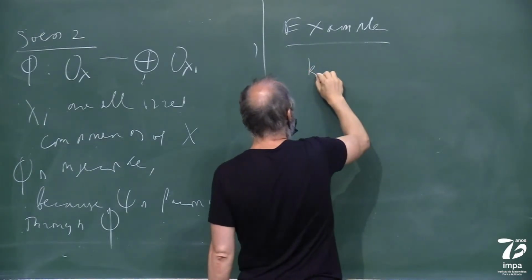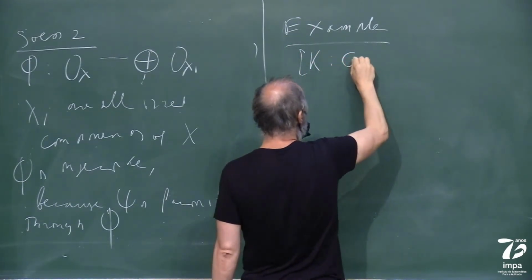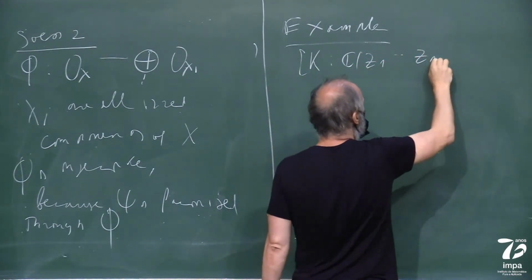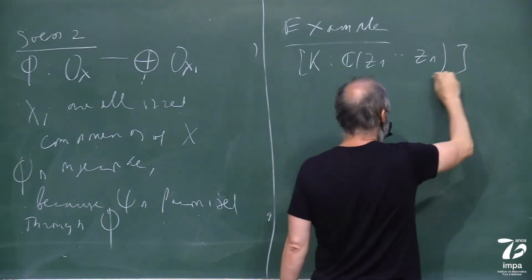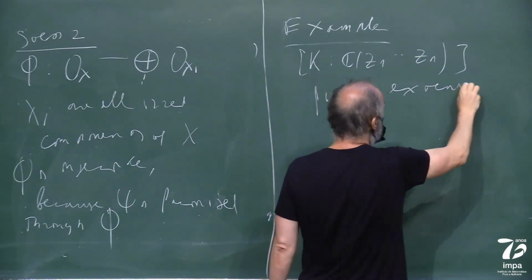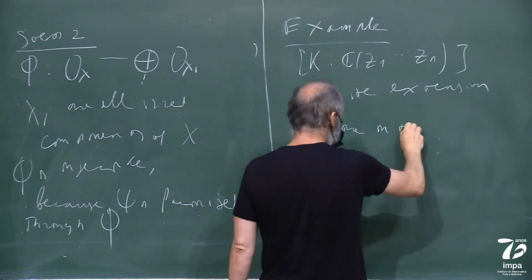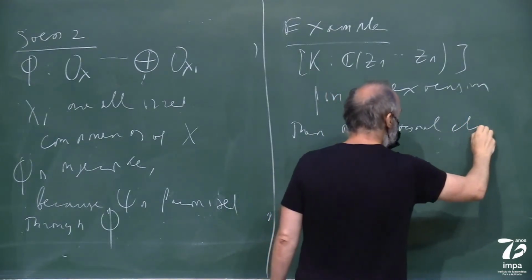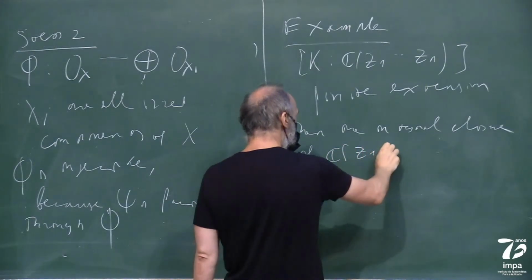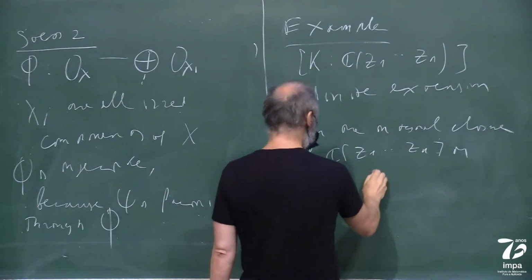You have K big, a finite extension of the field of rational functions. Then the integral closure of polynomials in this field K is finitely generated.